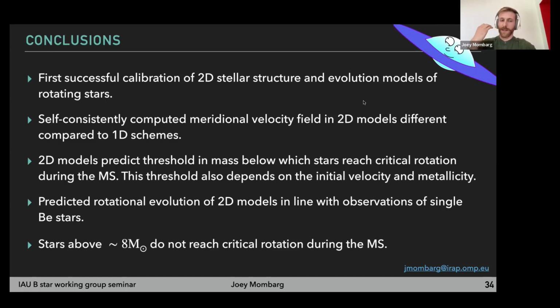Either the way we treat angular momentum transport in these models doesn't work for some reason for these spectral types, or the critical rotation at which these stars can lose mass doesn't need to be critical for higher mass stars, or the single star formation channel just doesn't work for the most massive Be stars.